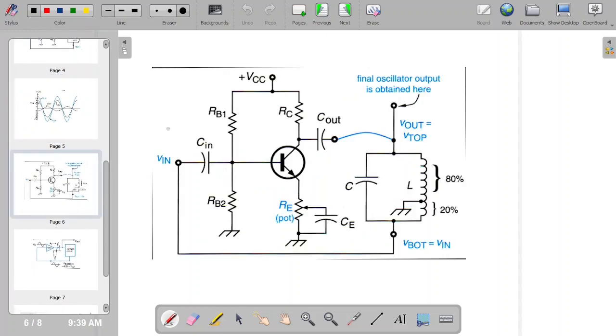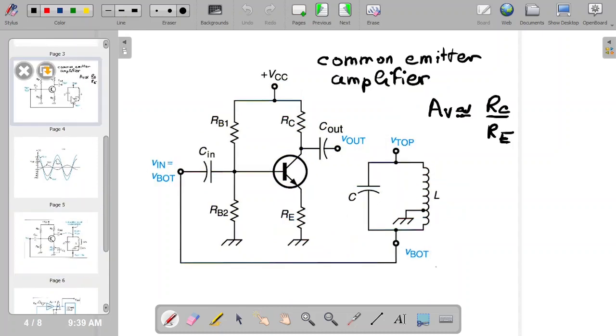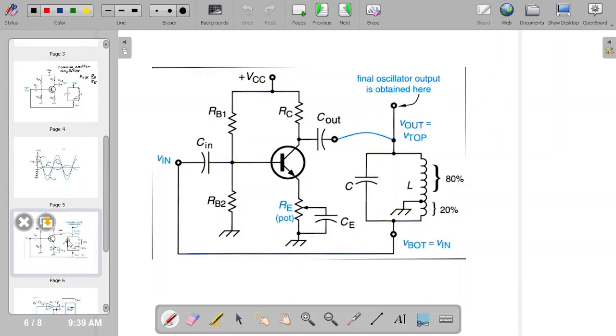Okay, so this is the same picture as here, except that in this one, V-out is connected to V-top, and this is your final output here.